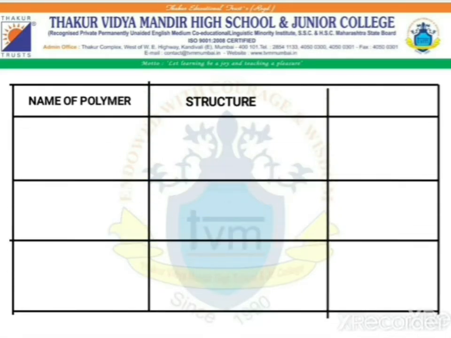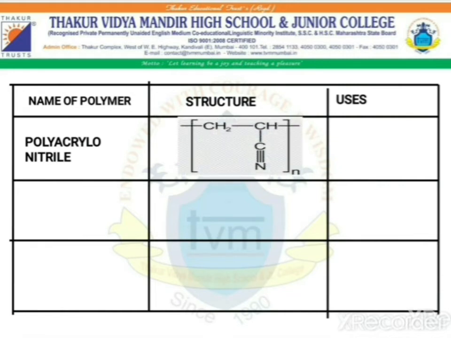The next polymer which we are going to discuss is polyacrylonitrile. This is the structure of polyacrylonitrile, the monomer from which this substance is formed. This is used in winter clothing and blankets.